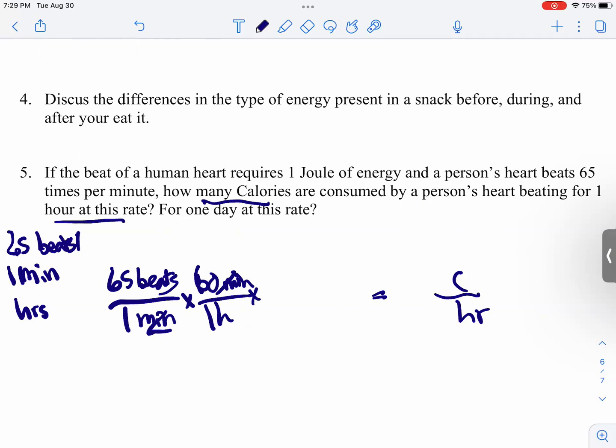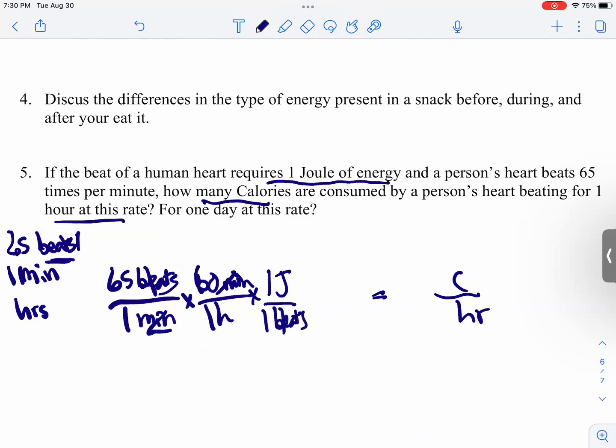Okay, so you know the human heart requires 1 joule of energy. So if you've got 1 joule, that's going to be happening for what? For beats. You're going to be canceling out beats, so you put beats in the denominator.